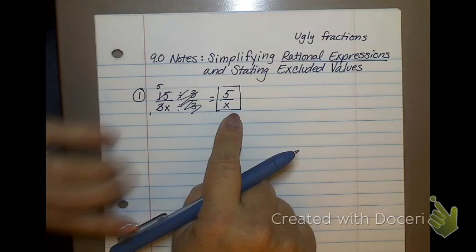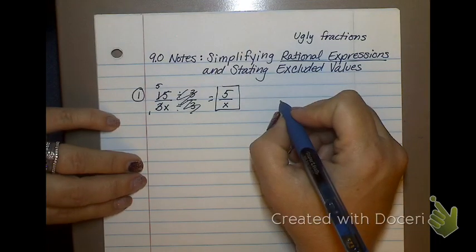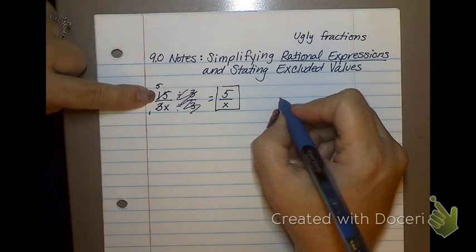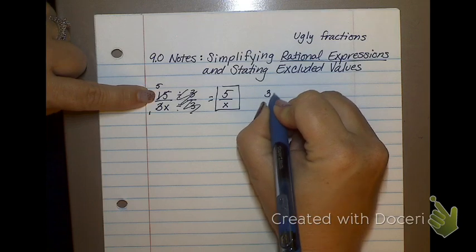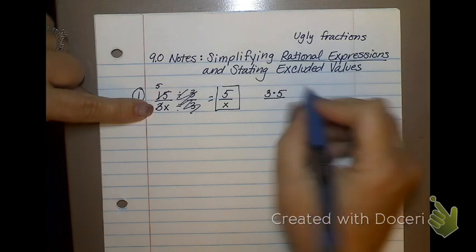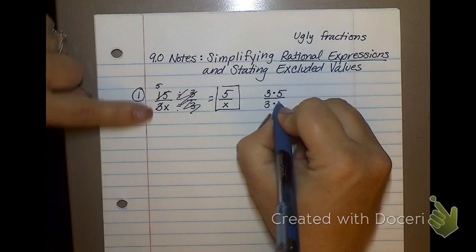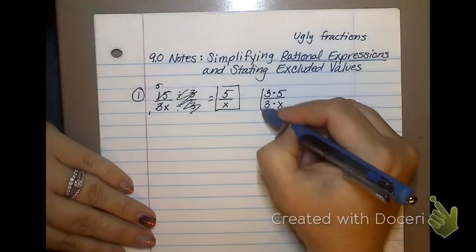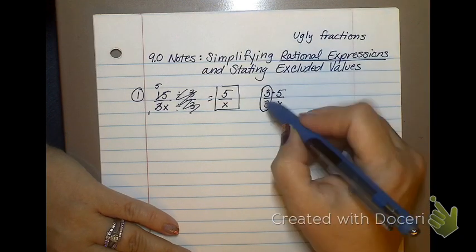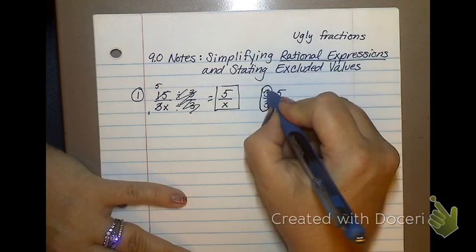Why does that work? Do you know why we can do that? If I broke down 15, I could break that down to 3 times 5, yes, and 3 times x. What is 3 over 3? 1. And what is 1? I make this into a big 1.